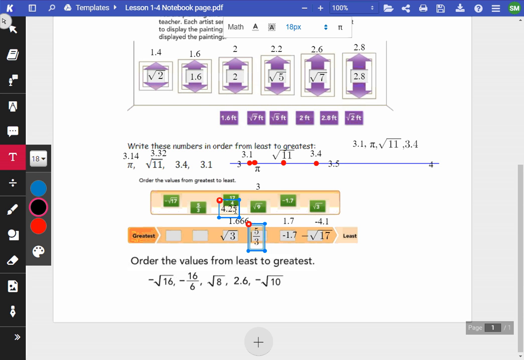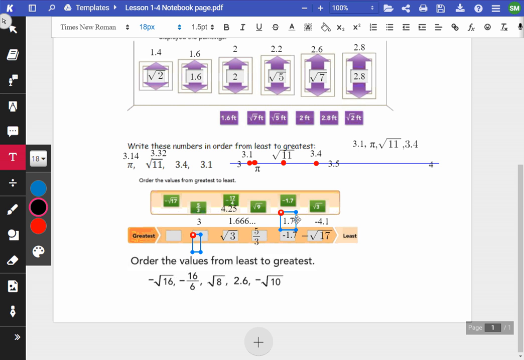What's my next biggest one? 3. So I'm going to put square root of 9 here. There's my 3. This needed to be negative. That's the confusion. Oh no, I'm all messed up. 1.7 was about the square root of 3.